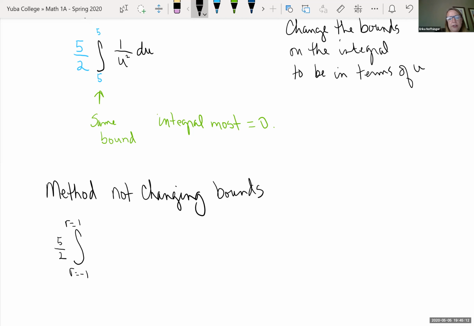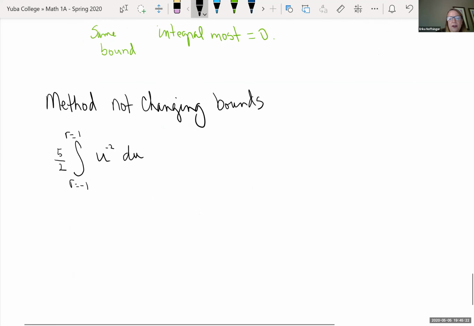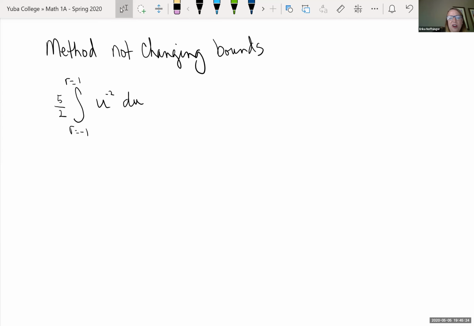And we had 1 over u squared. I'm going to rewrite that as u to the -2 power du. Okay, so integrate u to the -2 power, add 1 to our exponent. So this is u to the -1 power, divide by our new exponent, which is -1. This is 5/2. And this is r equals -1 to r equals 1.